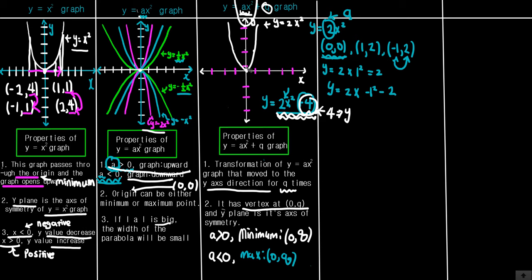The two graphs have the same shape, but the difference is that this graph moved the y = 2x² graph in the positive y-axis direction. That's what the graph of y = ax² + q means. And let's talk about the next graph.